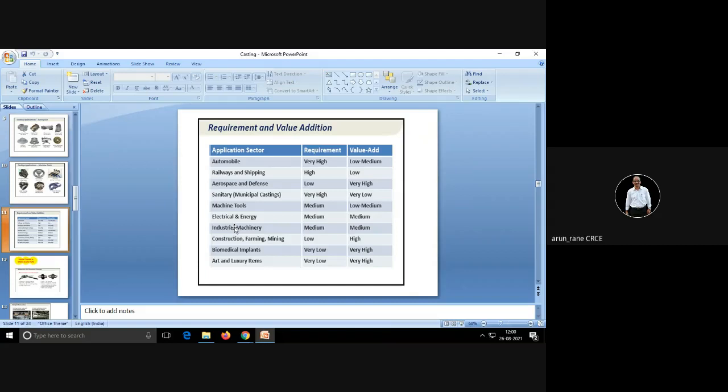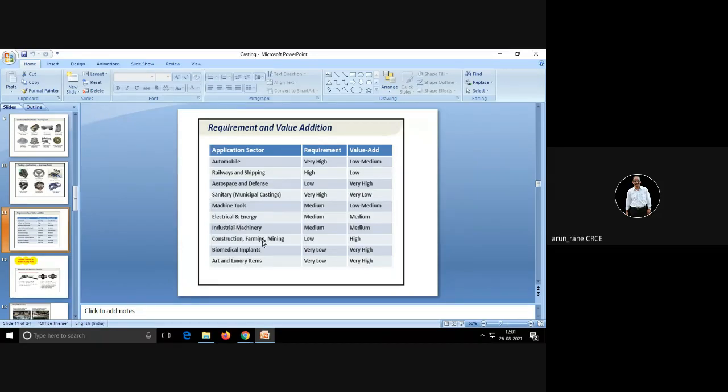Industrial machineries means all big machines, like the machineries which are used in rubber mixing workshops, or in textile machinery, or in newspaper industries, where newspapers and paper are made. In the textile industry we get cloth, or even in power stations like the Tata Power thermal station, they also need machineries.